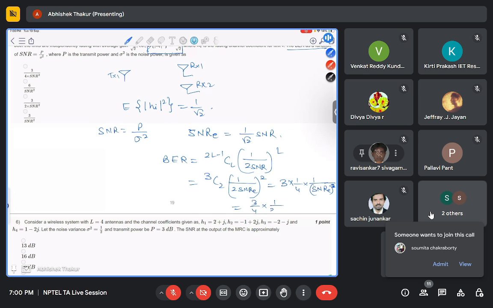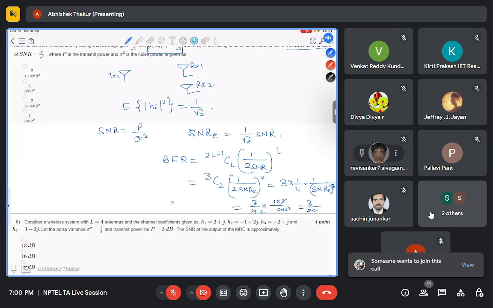So that is equal to, sorry, SNR effective is 1 by root 2. So this 2 will go in the numerator. So it is equal to 3 by 2 of SNR squared. So the option D is the correct answer for this question.